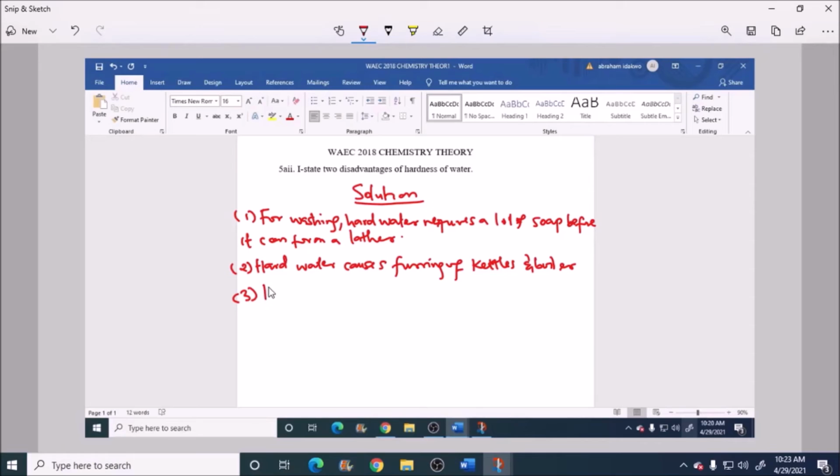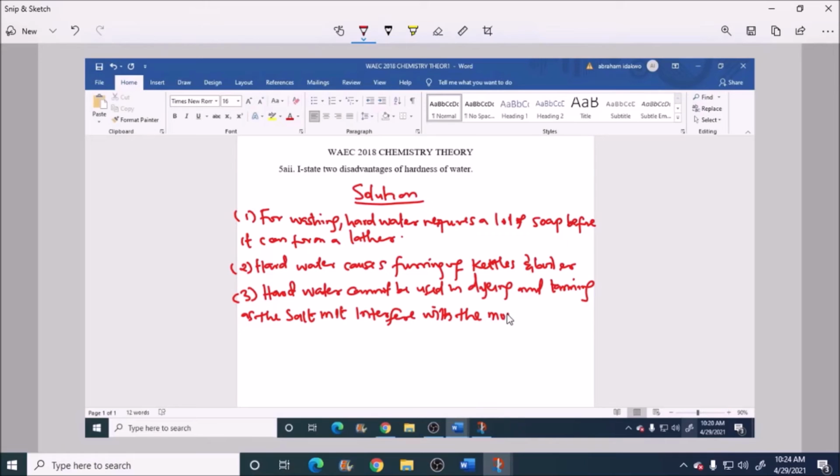Then number three, hard water cannot be used in dyeing and tanning, as the salts present in hard water interfere with the mode of action of dyeing.